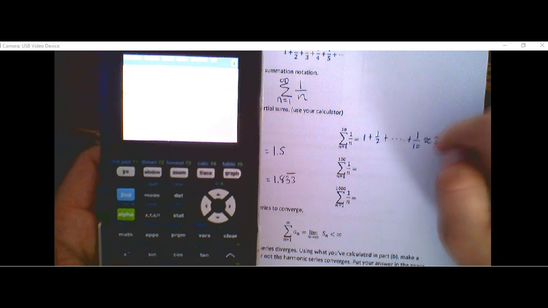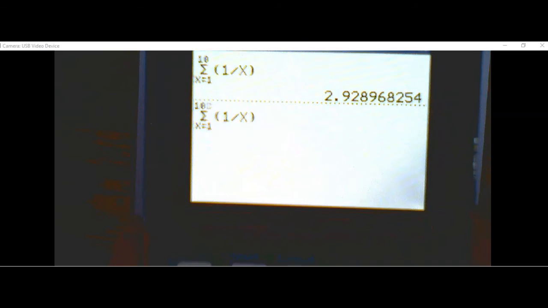Hit enter. So we get about 2.93, approximately. Okay. Let's do it for 100. Just change that 10 to a 100 and recalculate. Looks like 5.19, approximately.